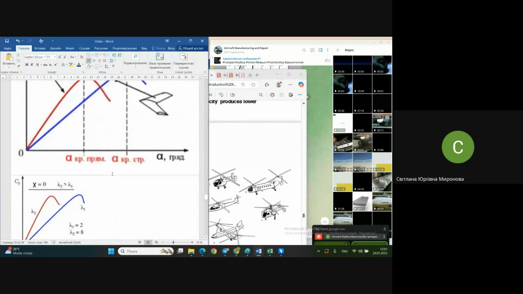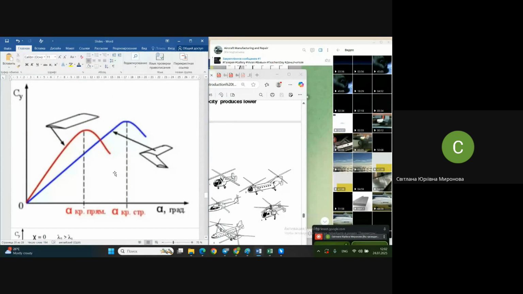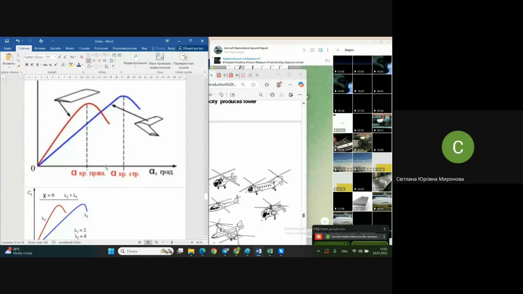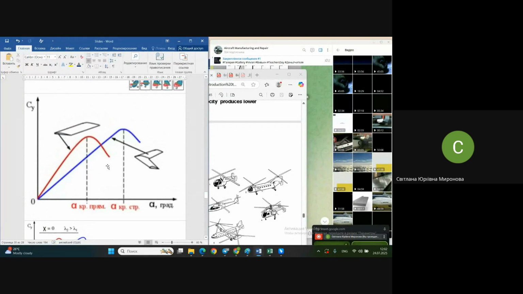Well, about aerodynamical characteristics, let me see the time. No time yet, I think. The aerodynamical characteristics of an airfoil, I hope it's clear. Now, what do they depend on, once again? Above all, on the shape of the profile itself. Next, on the position of the profile in space, the angle of attack.